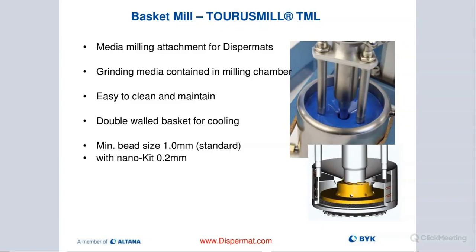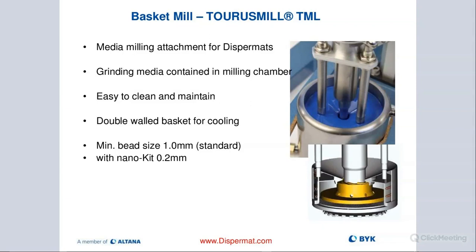Basket mills, great tools, very easy to clean, very nice to operate. If you have the right viscosity range, obviously you can't use something like this if you are running thick pastes that are hardly flowing, because they would not end up in your basket. They would just sit on top of your vessel, and it would be very difficult to draw them in and out of our basket.